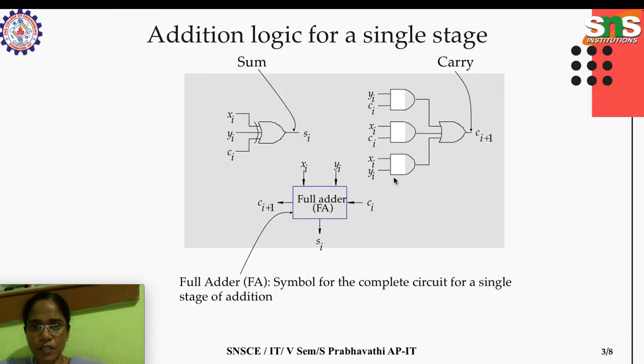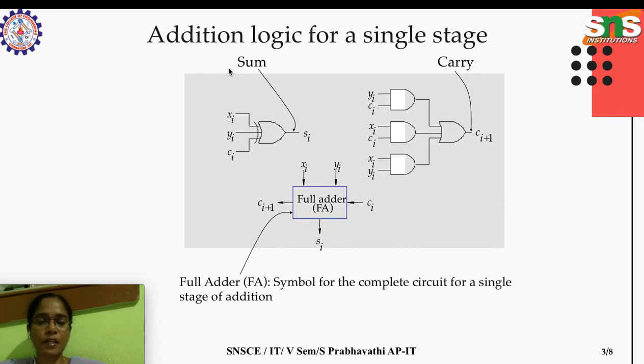We need xi ci, yi ci and xi yi. All are AND operations, and the result is given to the OR gate, and there it produces the carry. So this is the basic logic gate design for the sum and carry of adding two signed numbers.